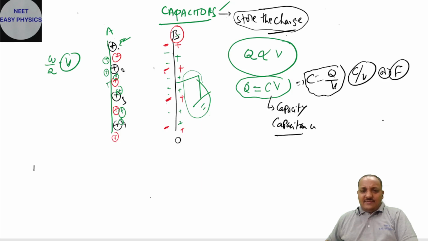Next, what is the dimensional formula for capacitance? C is equal to Q by V. The charge dimensional formula we already wrote: AT.